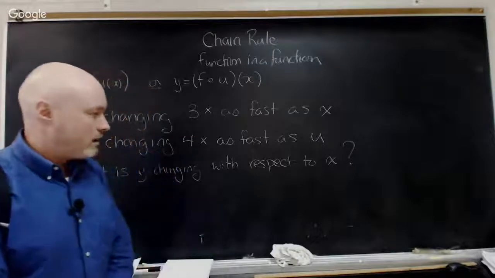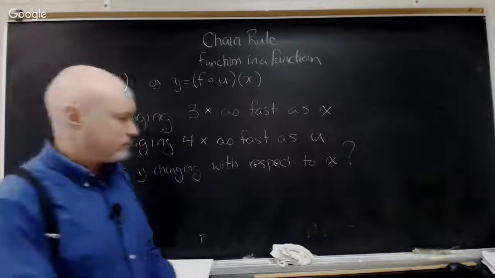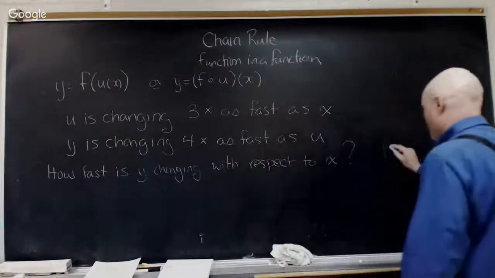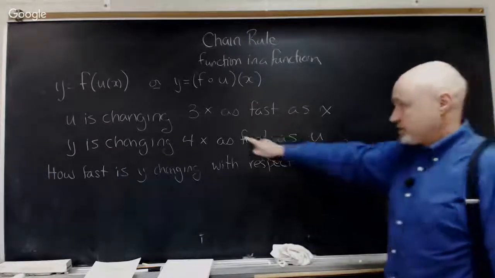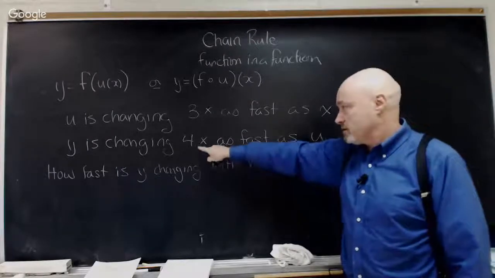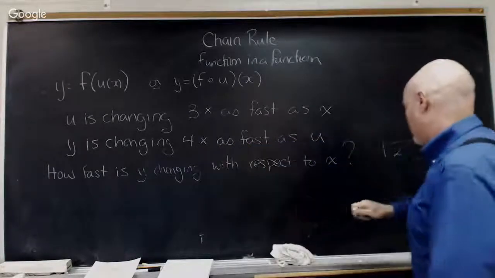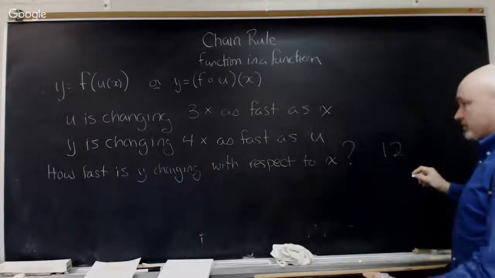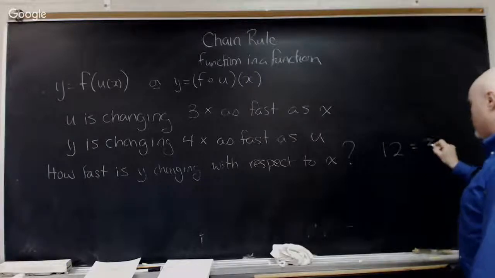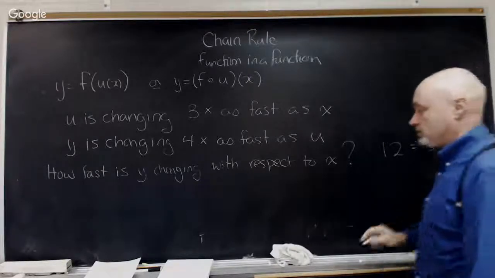If you're thinking 12, good for you. u is changing 3 times as fast as x, and y is changing 4 times as fast as u, the next function out. And so all that really is 3 times 4.